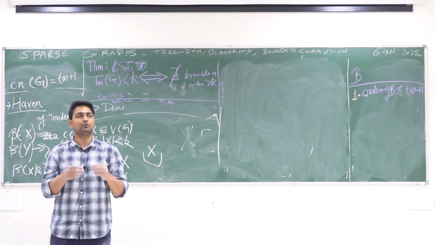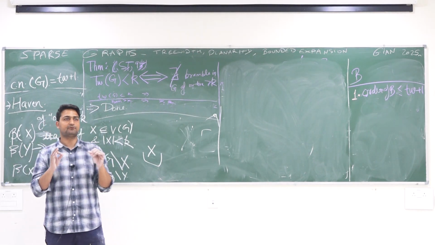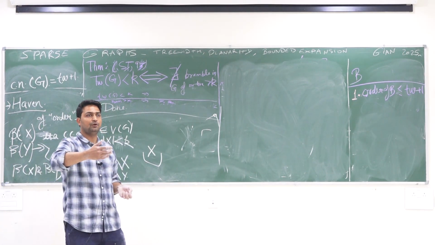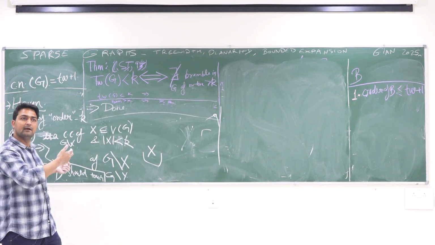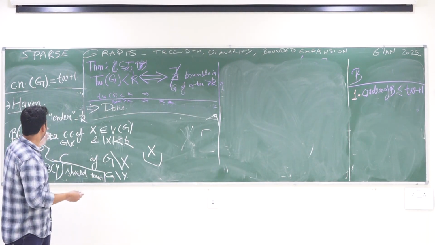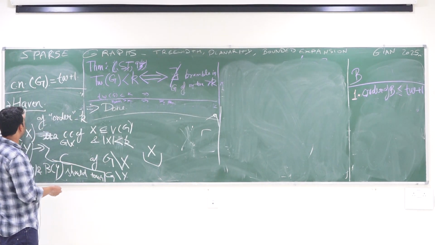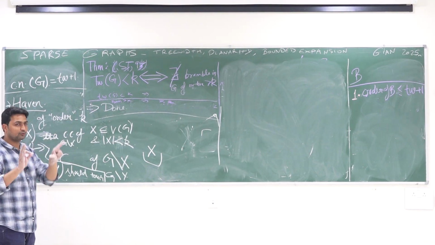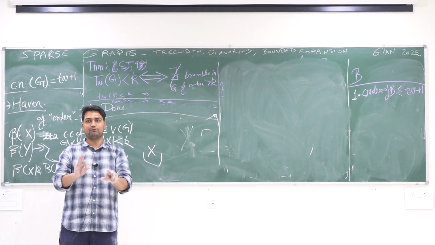This is used to give a lower bound on the number of cops required. If you can show that you have a haven of order k, then you are safe. And what I will show now is that you have a haven of order k if and only if you have a bramble of order k.